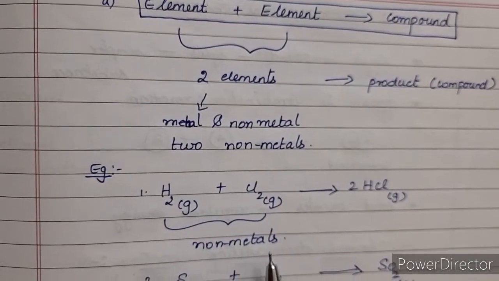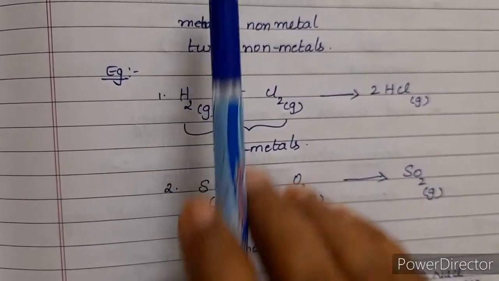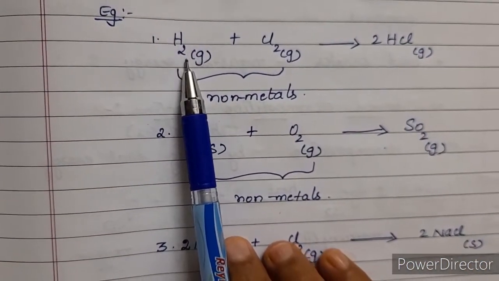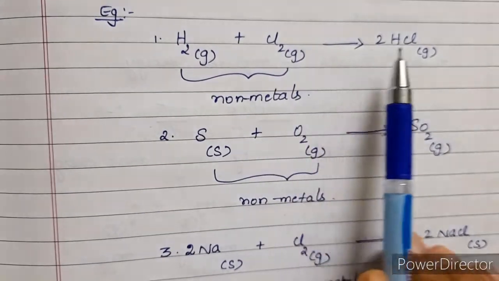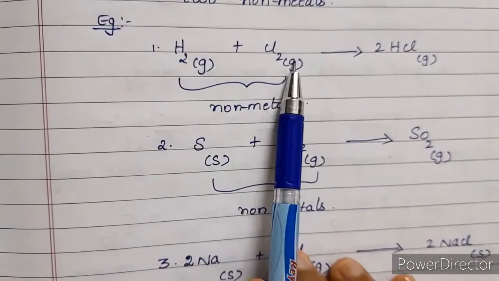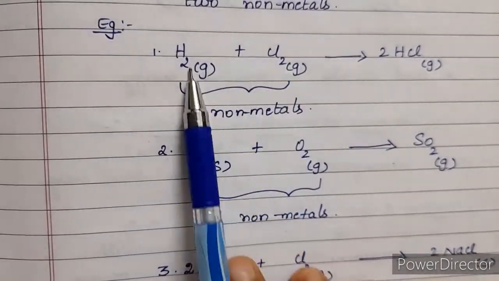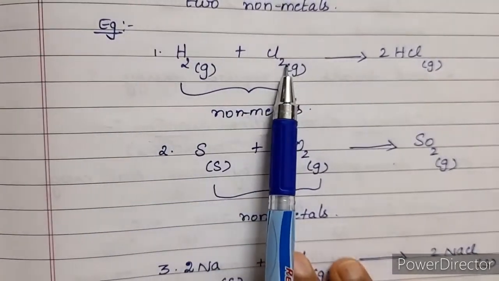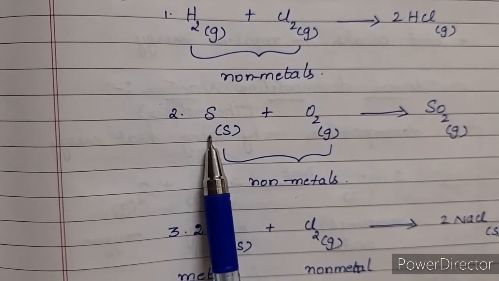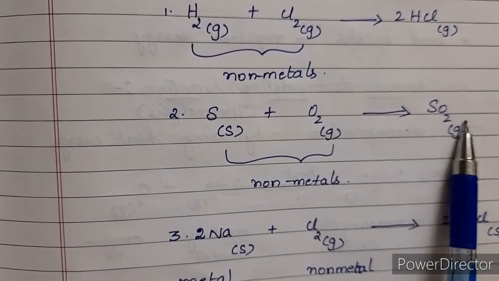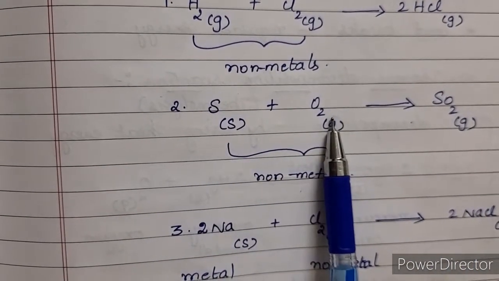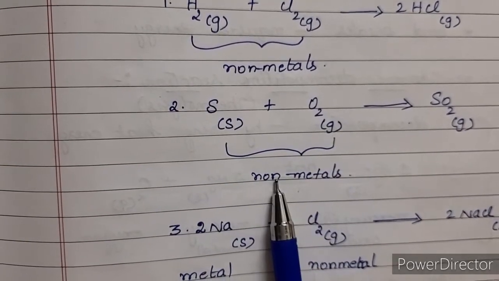Now let's go to the first example of element plus element gives a compound. Here you have hydrogen combines with chlorine to form hydrochloric acid, isn't it? Now here these two reacting species, that is the reactants, are non-metals. Both are non-metals giving a compound. Now the second example, sulfur combines with oxygen to form sulfur dioxide. Even in this case, the sulfur and the oxygen, that is the reacting species, are non-metals.